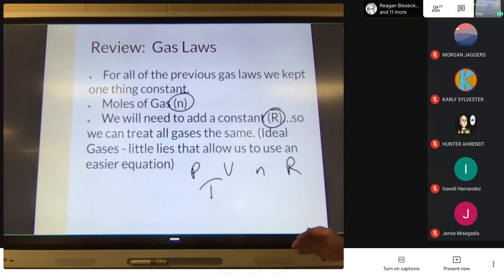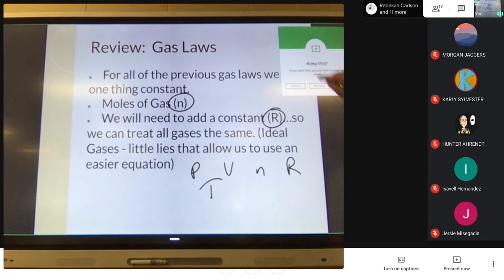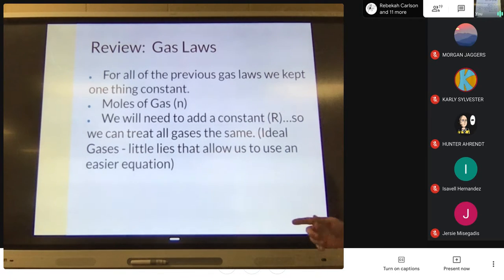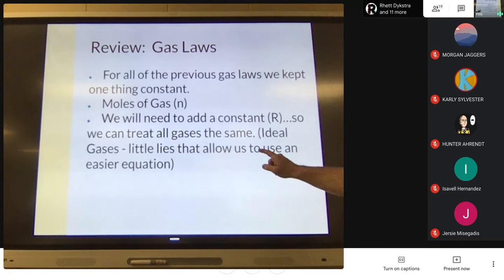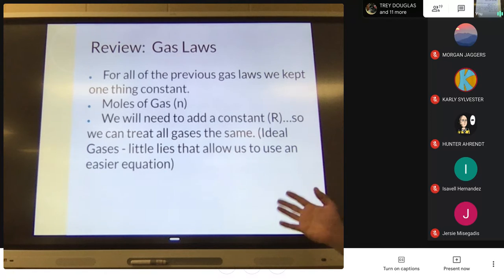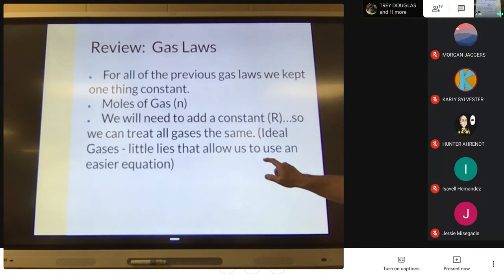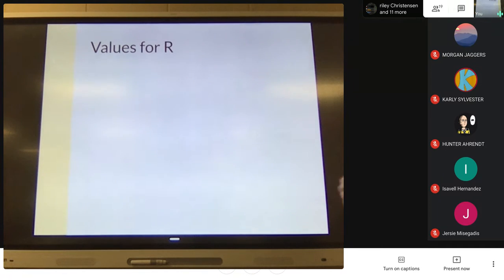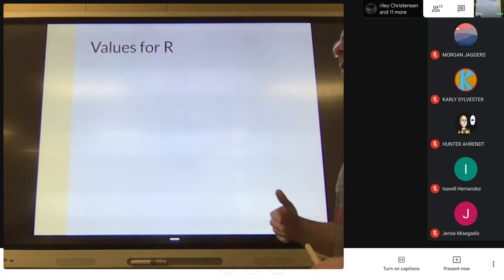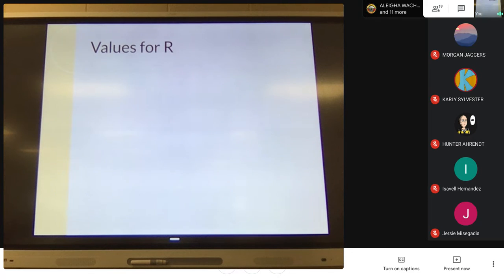Before we get to that though, we need to talk a little bit more about what this R is. Like I said, it would probably take me a whole class period to talk about where it comes from, why we use it, and all that stuff. Just know that it is factored in to allow us to calculate all these things. It's kind of like the missing piece that allows us to put all these things together.